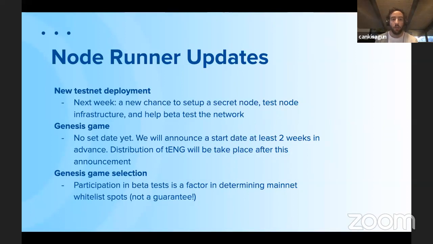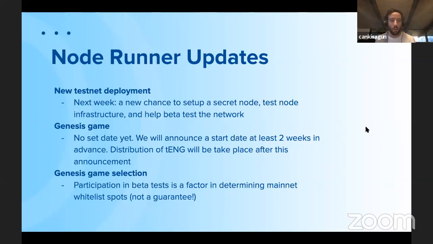Participation in these unincentivized beta stages is a factor in people's favor to potentially earn a whitelist spot. This is not a guarantee, and we do not limit whitelist spots to 25,000 ENG as in the Genesis game. So those are the updates on the node runner side.